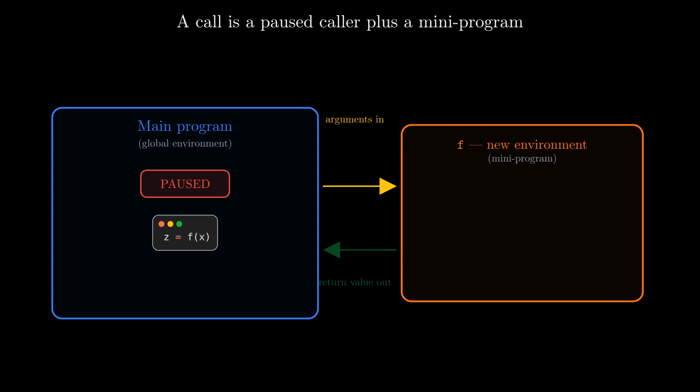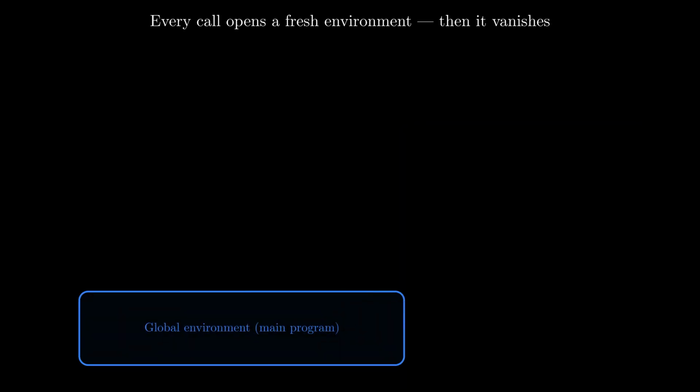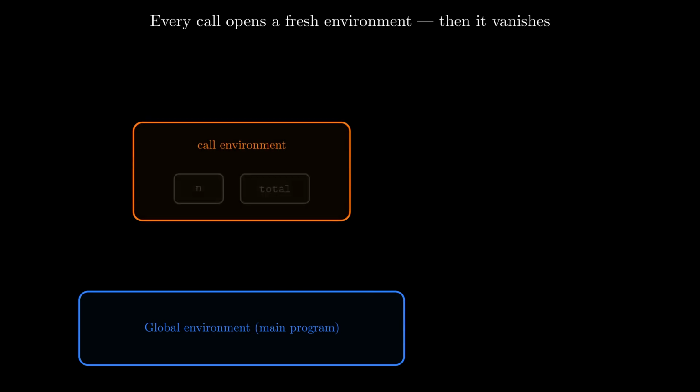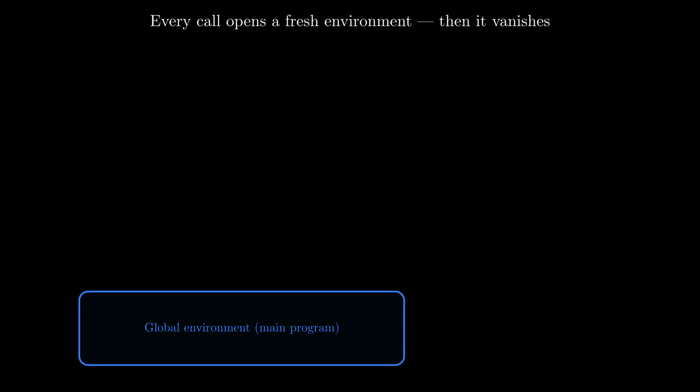Inside that environment, it can make variables, change them, print things, do all the work in its body. When it's done, it has a result, and it hands that result back to the main program. The crucial rule: every function call creates a brand new environment, completely separate from the main program's. The instant the call finishes, that environment disappears, and every variable born inside it disappears too.